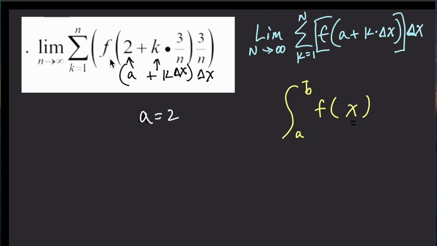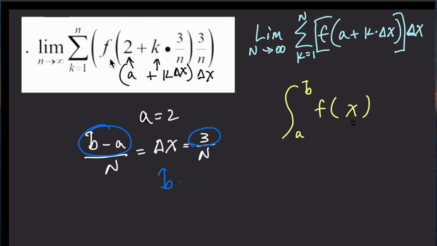We know that b minus a over n equals delta x, and we know our delta x is 3 over n. Therefore, we can match these numerators. B minus a and 3 are matched. We know our a value is 2.